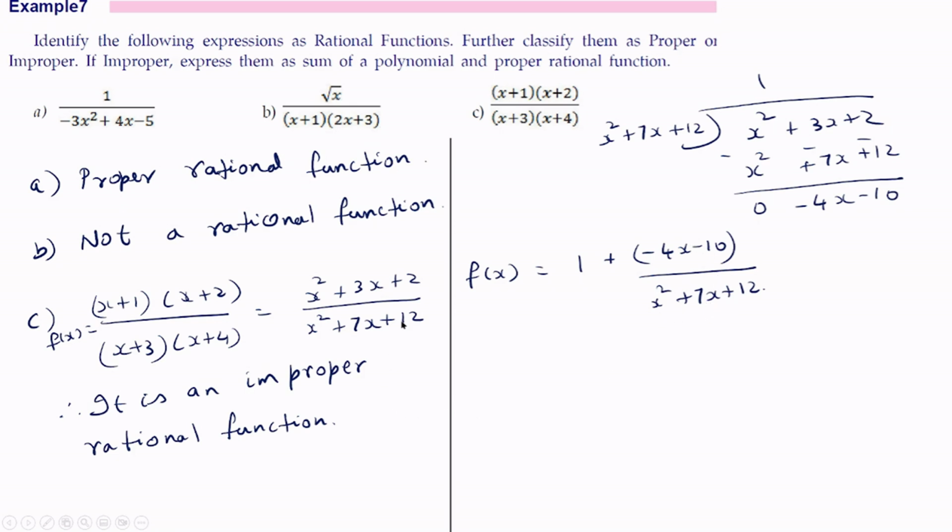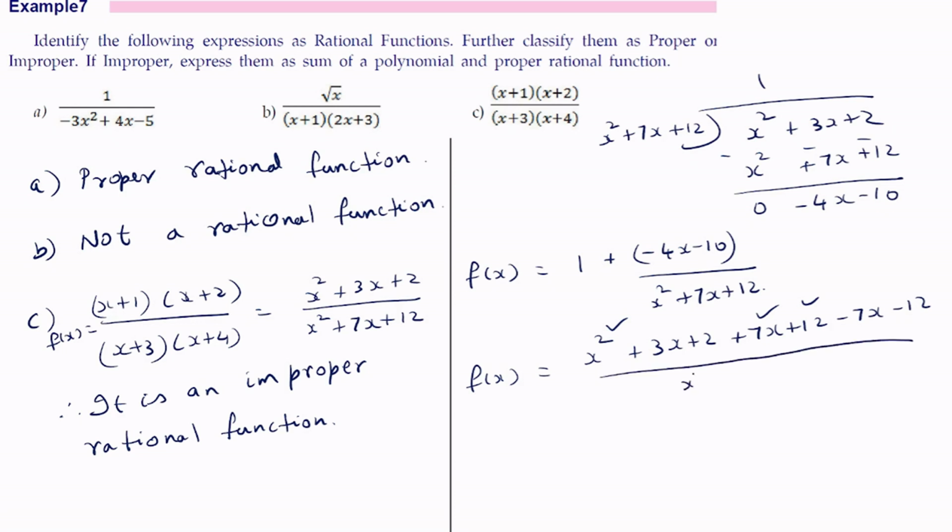Another easy method to do this is, without long division, we can do f of x as x square plus 3x plus 2. Here we need x square plus 7x plus 12. So we add and subtract 7x plus 12. Now we take these three terms together. So this will be x square plus 7x plus 12.